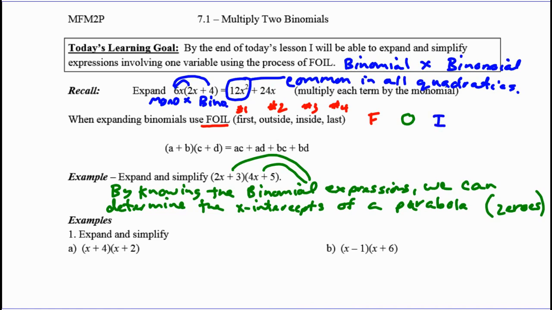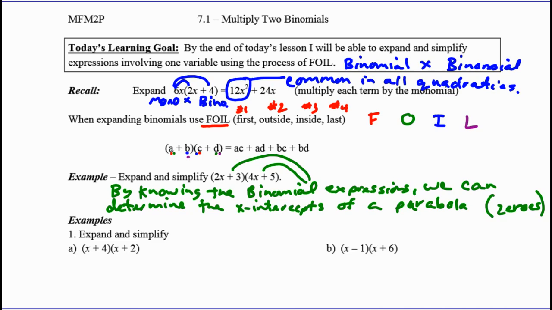So the firsts are these two, the first in both brackets. The outsides are these two. The insides are these two. And the lasts are the last ones in both brackets.